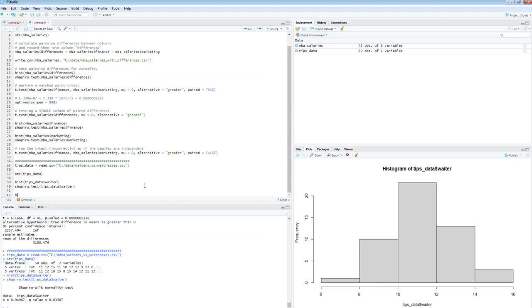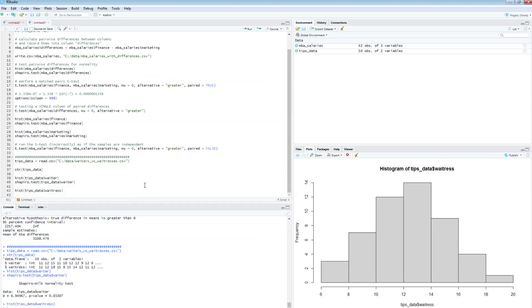Just for the kicks again, let's just look at the second sample, right? Tips data. And that would be waitress. It looks okay, but as I saw just now, appearances might be deceiving, right? Okay, so let's use Shapiro test in order to see if waitresses data are normal.